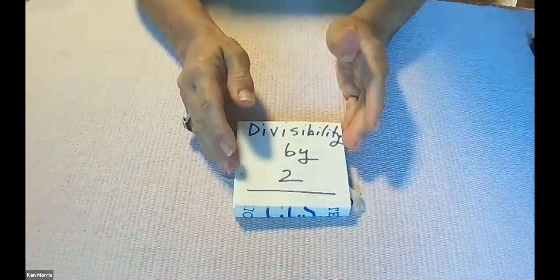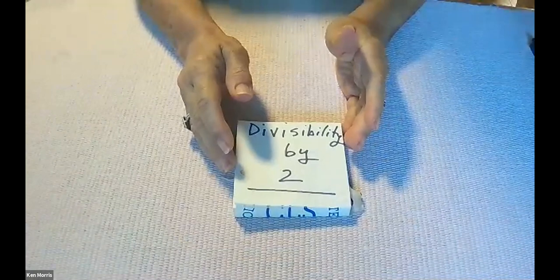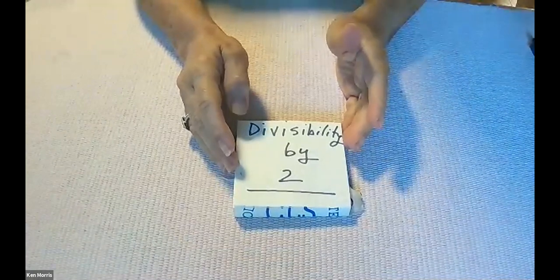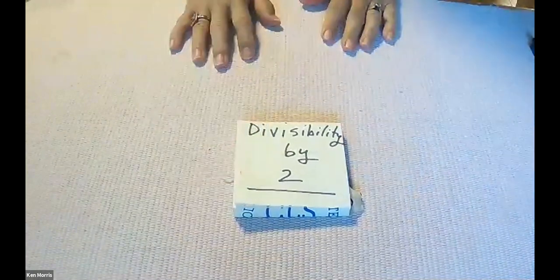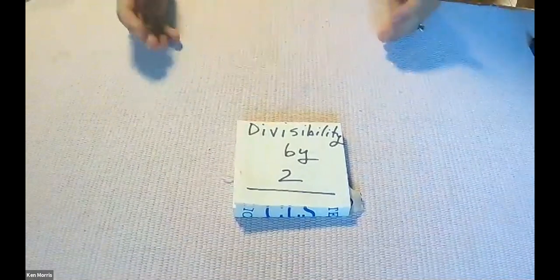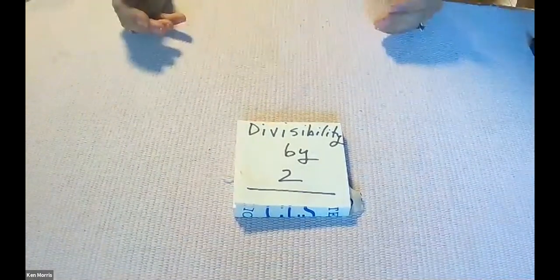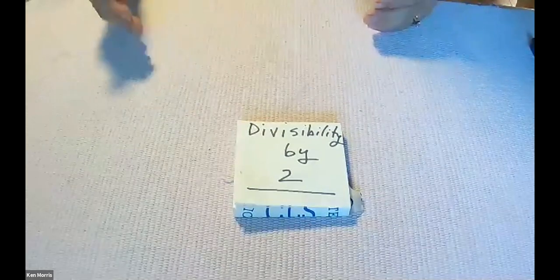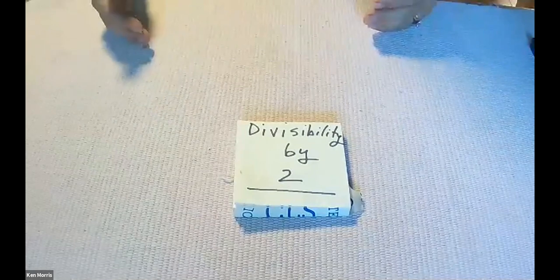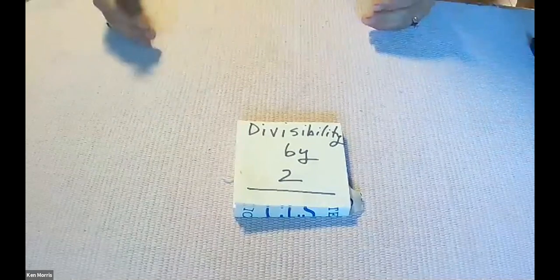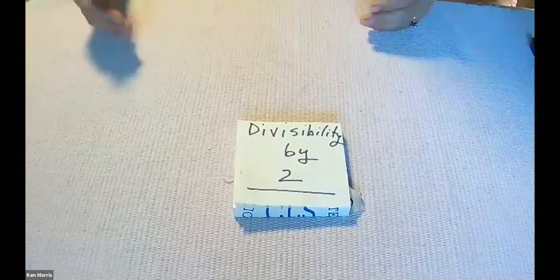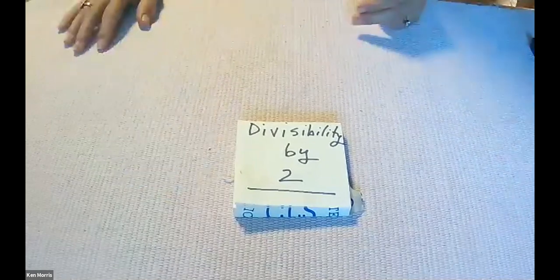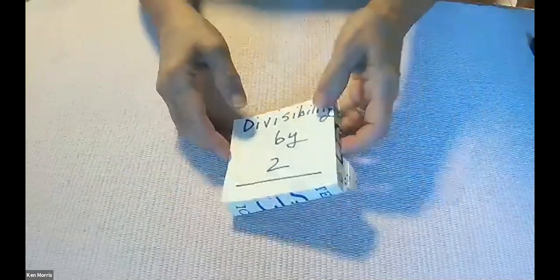And the purpose for doing this is so that once we know these rules, we can look at any number, no matter how large it is, and decide, is this divisible by 2 without a remainder or not? And this actually becomes a very important tool to have as you move forward in your math studies. All right, so we're going to begin.